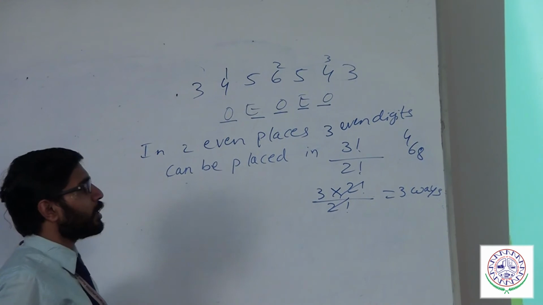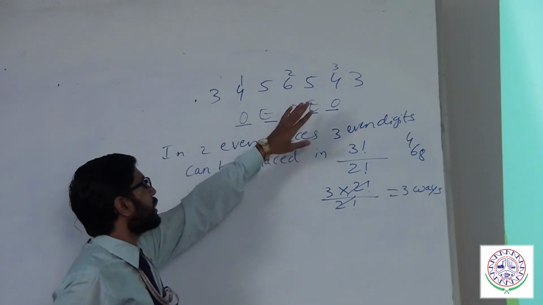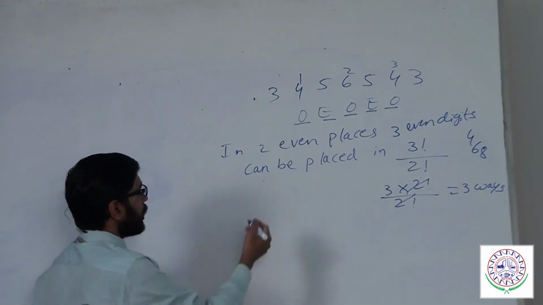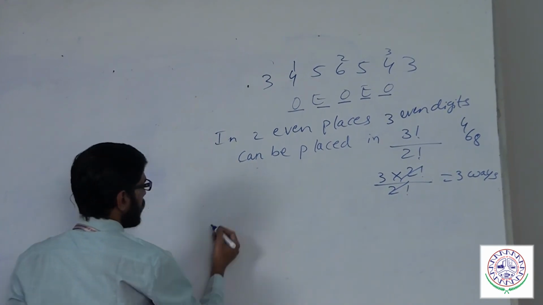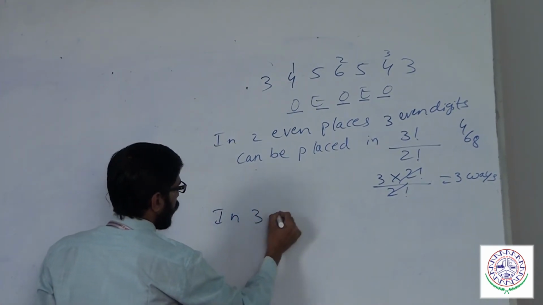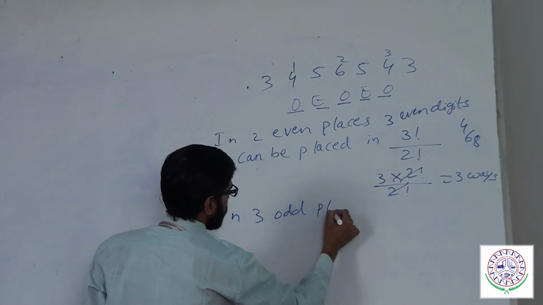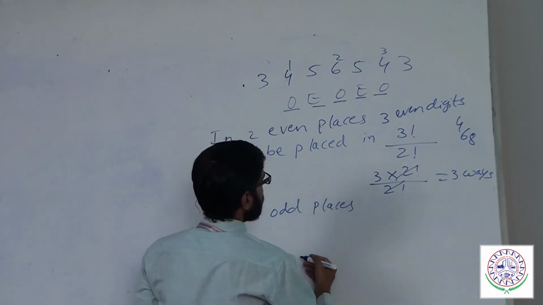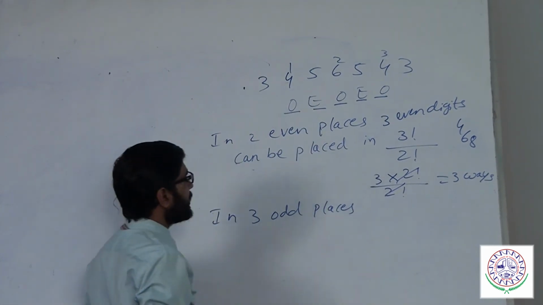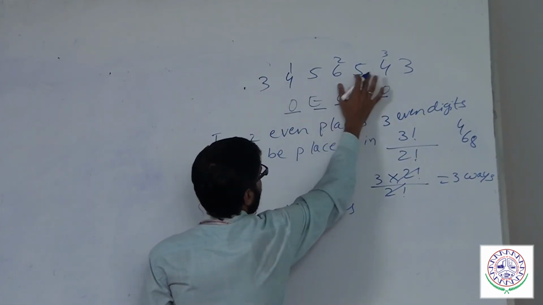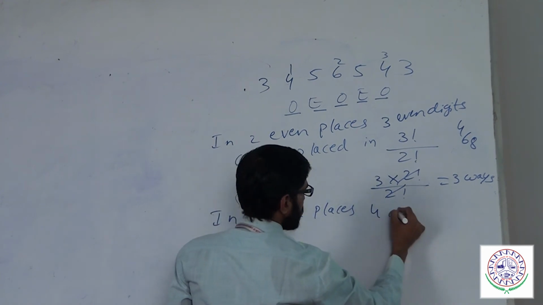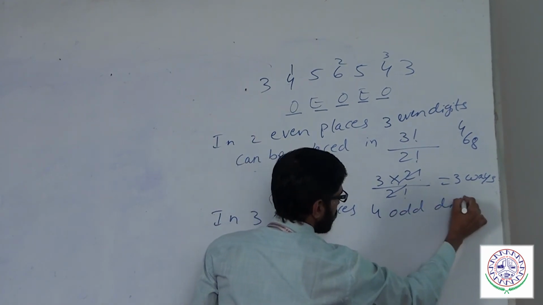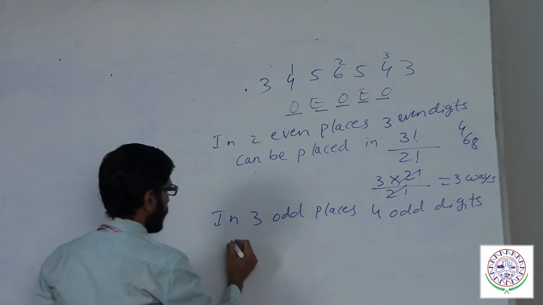Now similarly, you need to find the ways in which the odd numbers can fit. So now the remaining odd places are 3. So in 3 remaining odd places, how many odd digits are there? 1, 2, 3, 4. 4 odd digits can be placed.